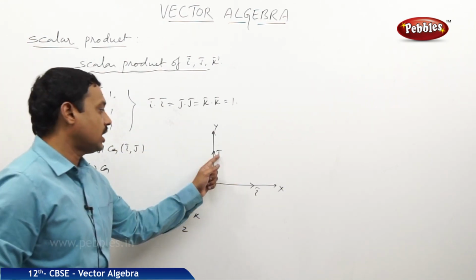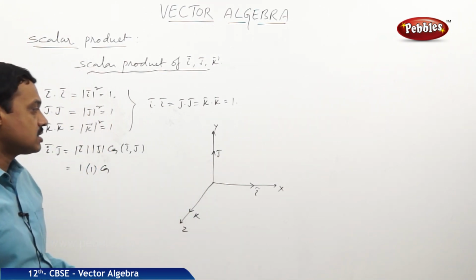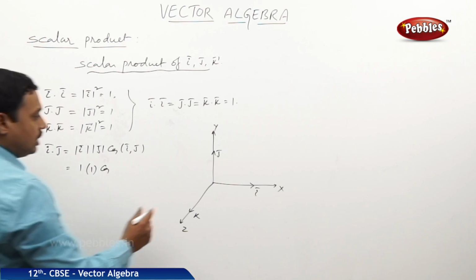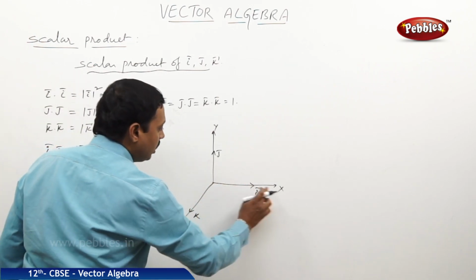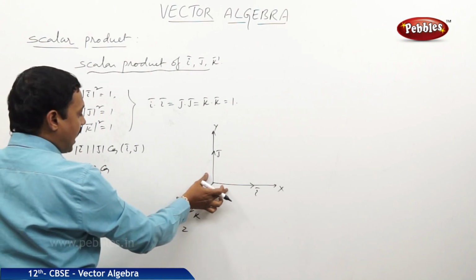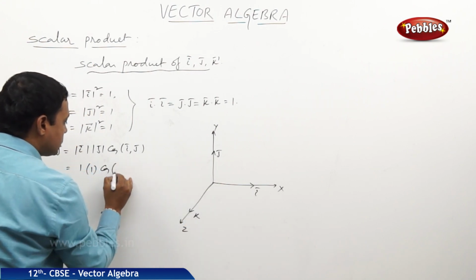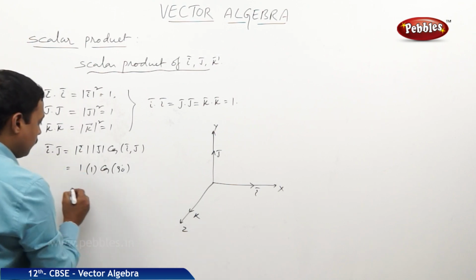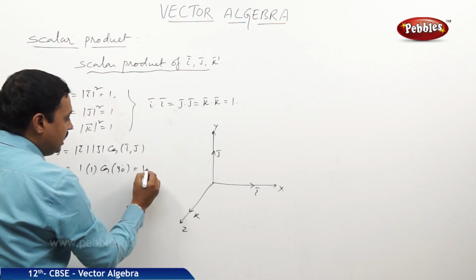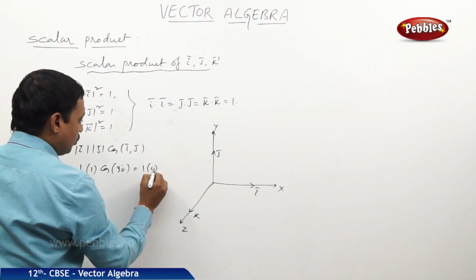Usually i, j, k are three vectors that lie on the three coordinate axes. So, since i is along the x-axis and j is along the y-axis, the angle between i comma j is 90 degrees. Therefore this is 1 into cos 90, which is equal to 0.